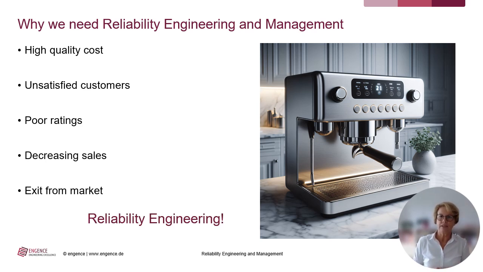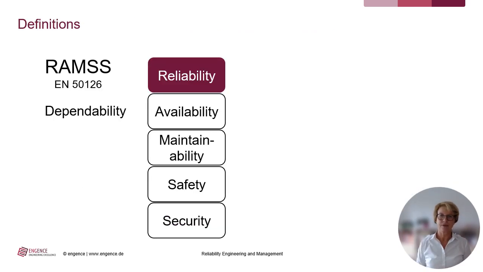Reliability engineering and management are therefore a necessity in order to remain successful on the market. But the question is how to do this. Before we go any further, we should classify the concept of reliability. In the quality model of technical systems that contain hardware and software functions, the major quality attribute is dependability.